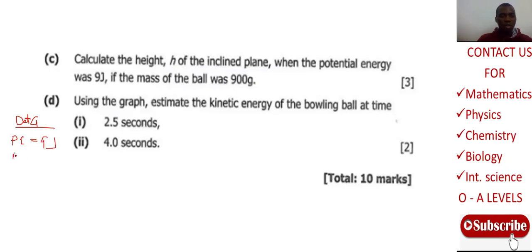Then we also have the mass, which equals 900 grams. Now we have to convert this from grams to kgs by simply dividing it by 1,000. I think this is something that we know by now. So this will give us 0.9 kgs.